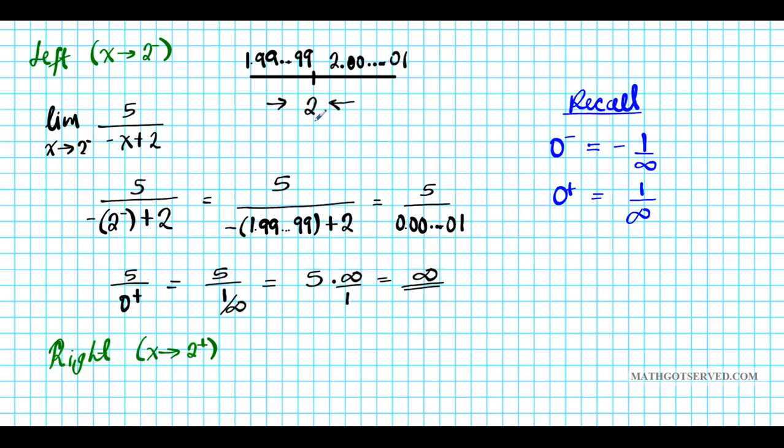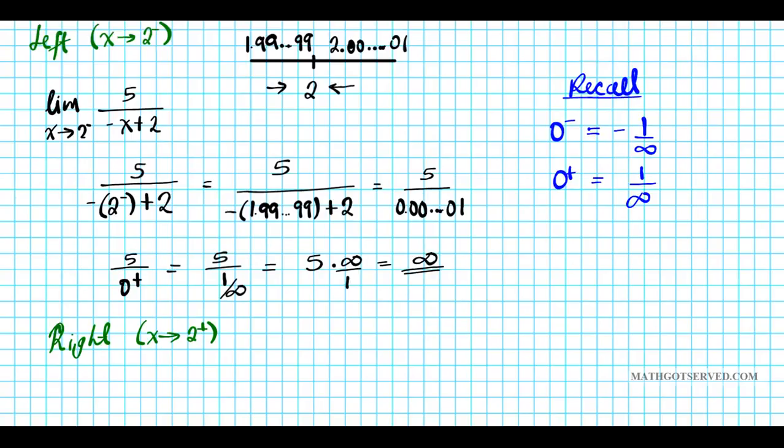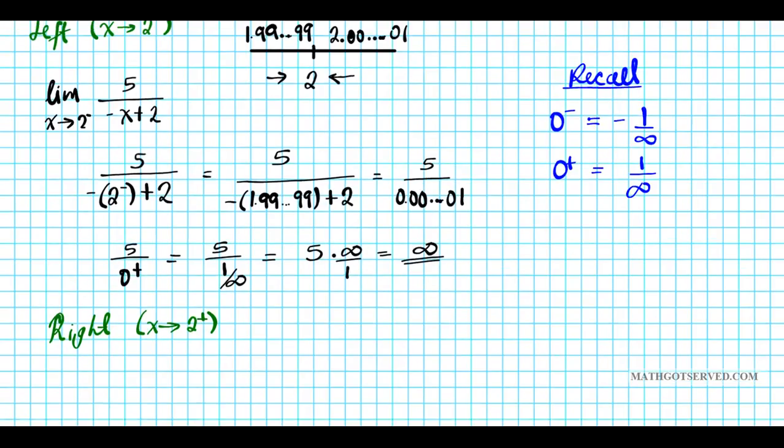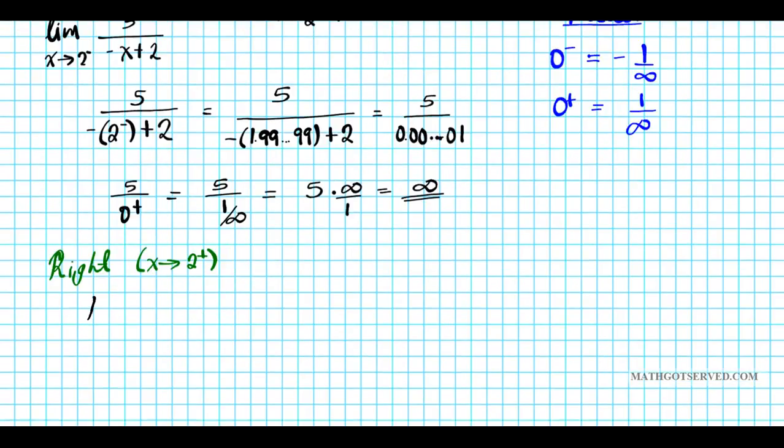Infinitely close to 2 from the right, okay? So that's what we're looking for. Let's go ahead and find out what that limit is. We want to find the limit as x approaches 2 from the right of 5 over the opposite of x plus 2. This is a finite limit, so we'll just substitute. We'll get 5 over the opposite of 2 from the right plus 2.